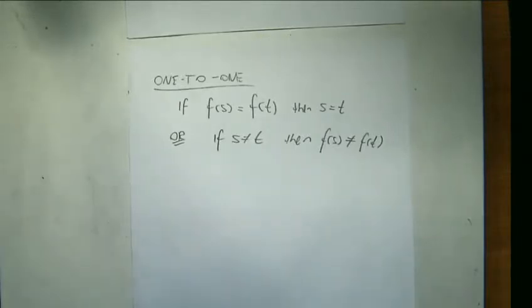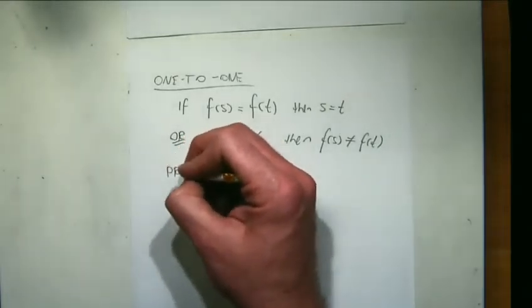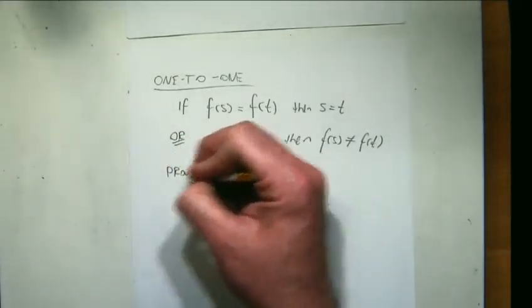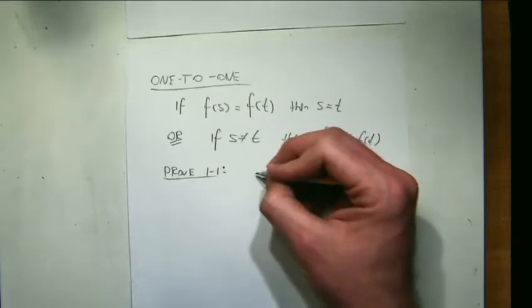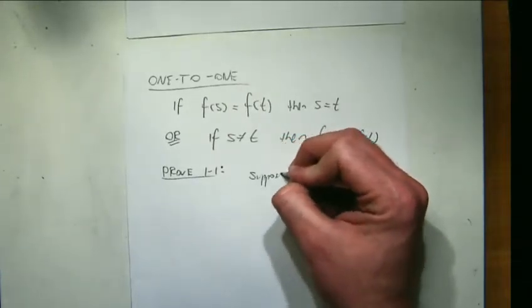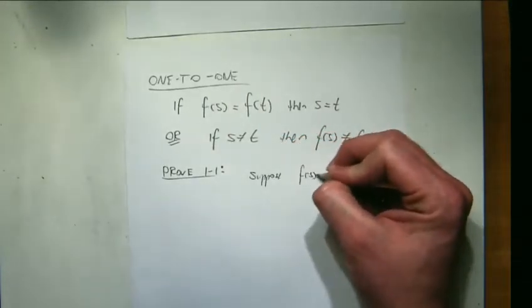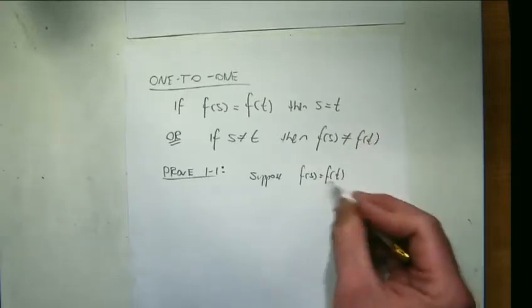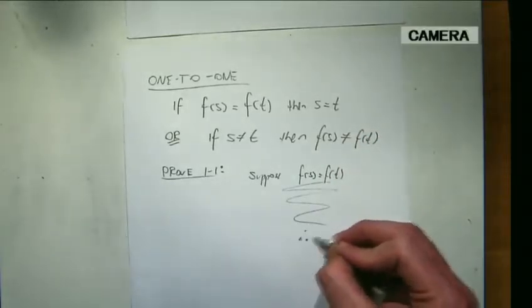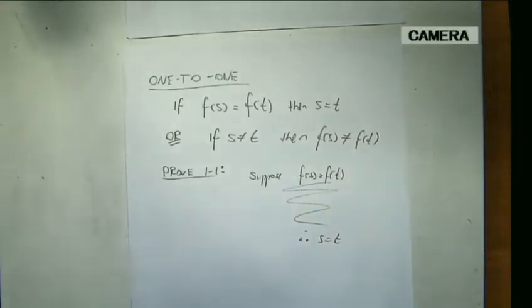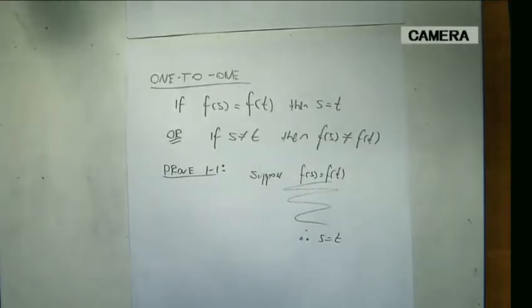So, what this is telling us, to prove that something's one-to-one, you'll have to go, suppose and do some working and then go therefore s equals t. That's proving that a function is one-to-one.